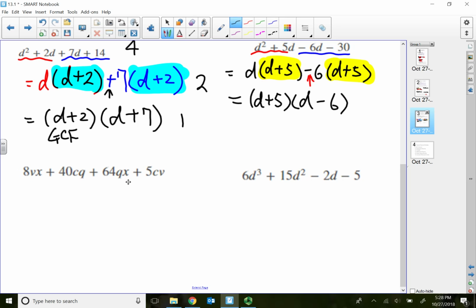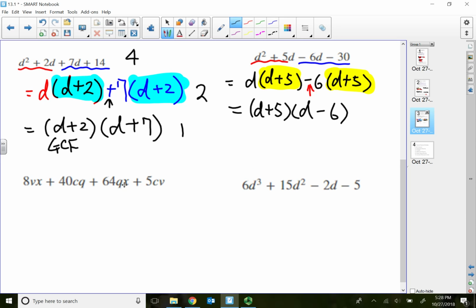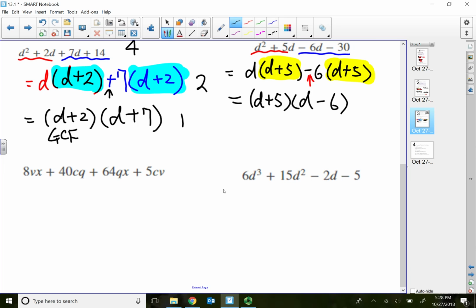Now this is a real factoring by grouping problem because I do have 4 unlike terms. Okay, so let's take a look. I love a problem like this. If we group the first 2 and the last 2, between the first 2 terms I can factor out an 8, and what's left is vx plus 5cq.